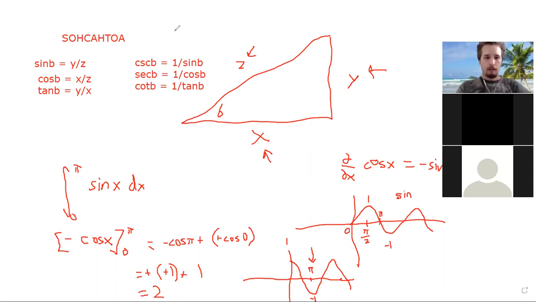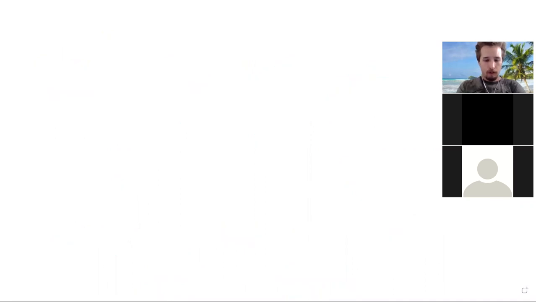I'm going to see if I can paste the unit circle. You know, here's what I'll do. I'm going to clear these drawings. I'm going to find a unit circle website.